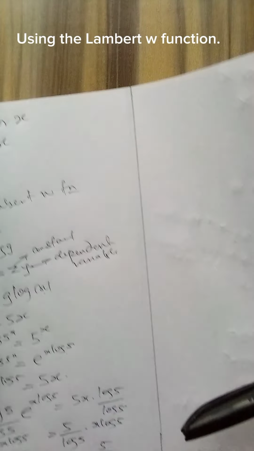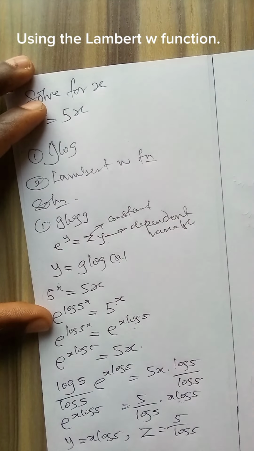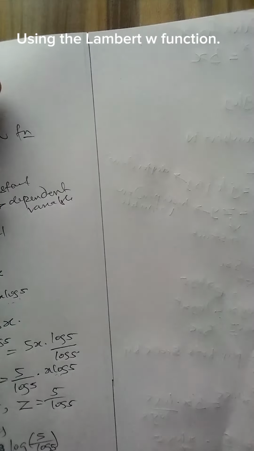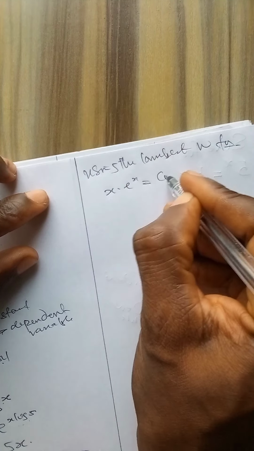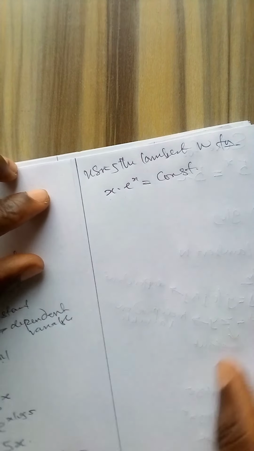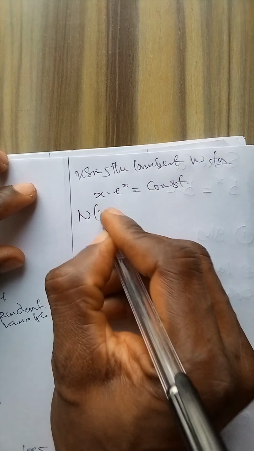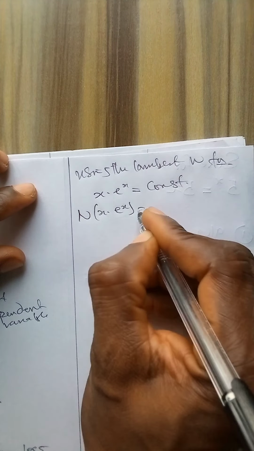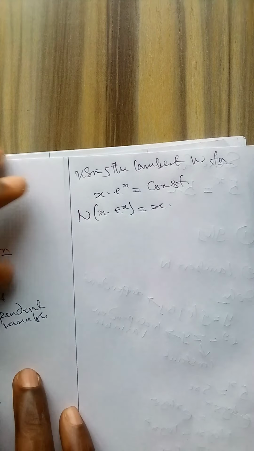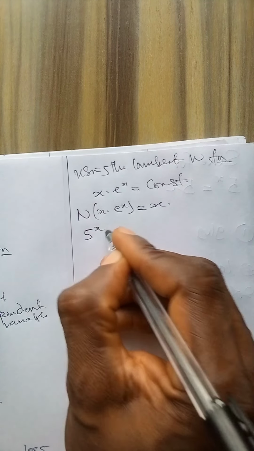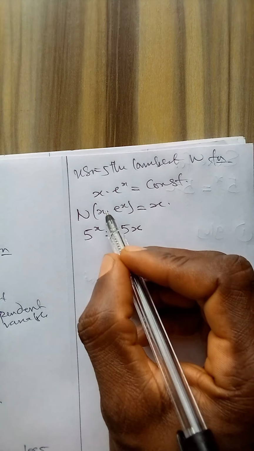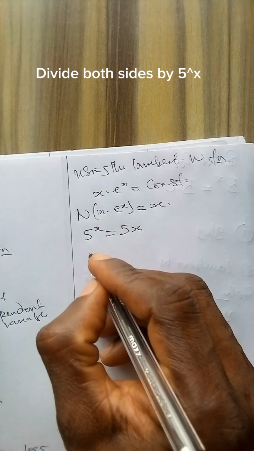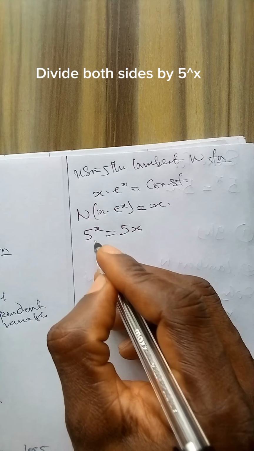The other method I talked about, which is the Lambert W function, will enable us to know the value of x. We know that x times e to the power x is equal to a constant, and if that is the case, then W of x times e to the power x is equal to x. So we will now have to rewrite this expression, 5x equals 5 times x, so that it will take this form. For us to do that, let us divide both sides by 5 to the power x.